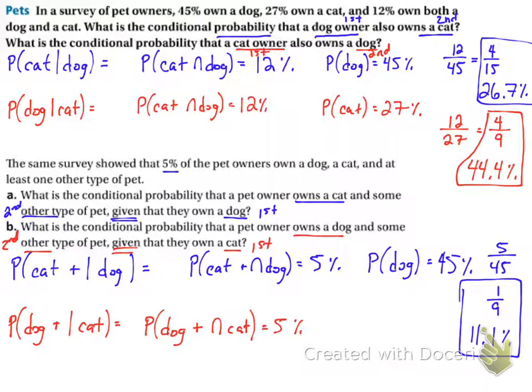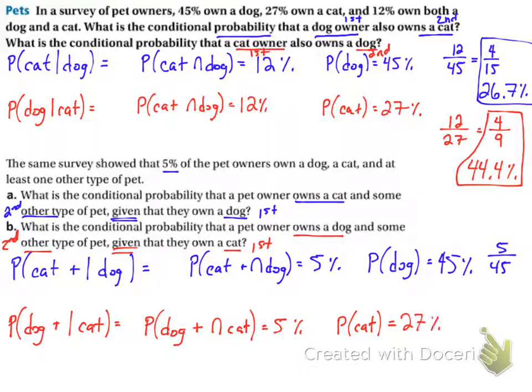It's all three of those conditions. And then the probability that first they have a cat is, again, going to be 27% from the top. And so I can go 5 over 27, and it gives me 18.5%.